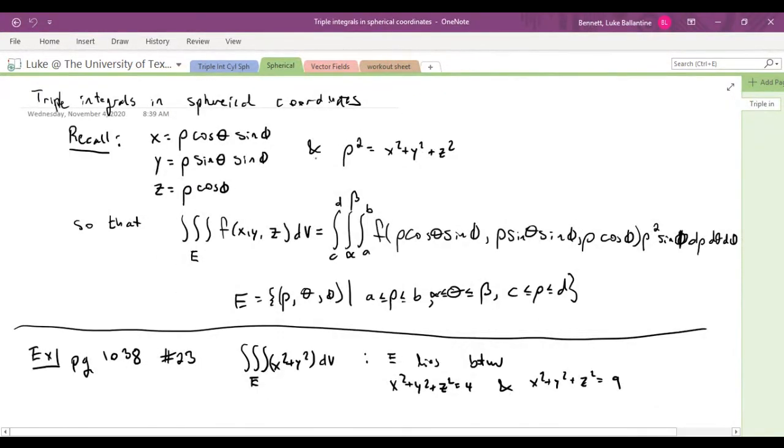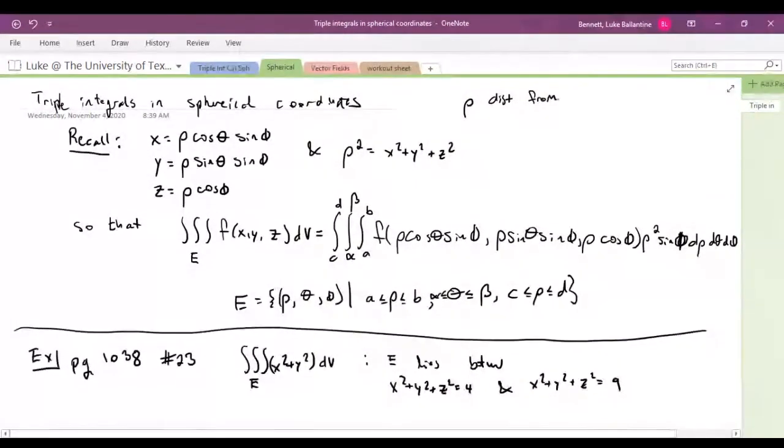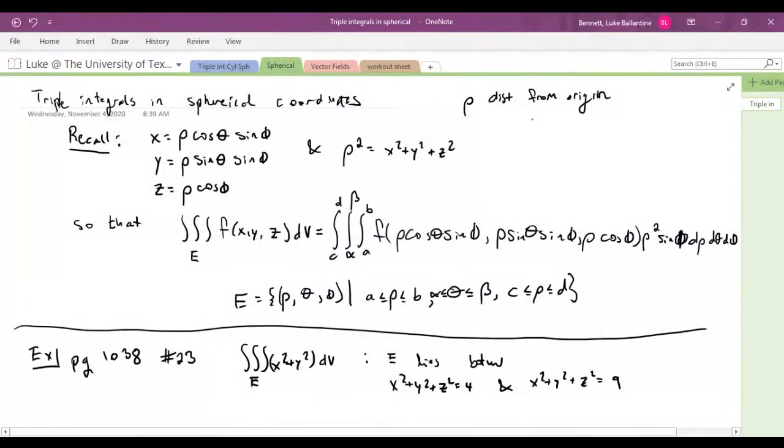Triple integral in spherical coordinates. We covered this the first couple weeks of class. So rho is distance from the origin. But it's a different distance from the origin than r, because r was a distance from the origin in the xy plane.